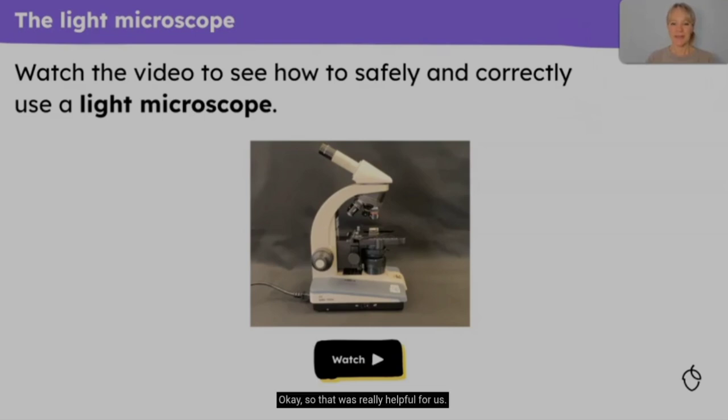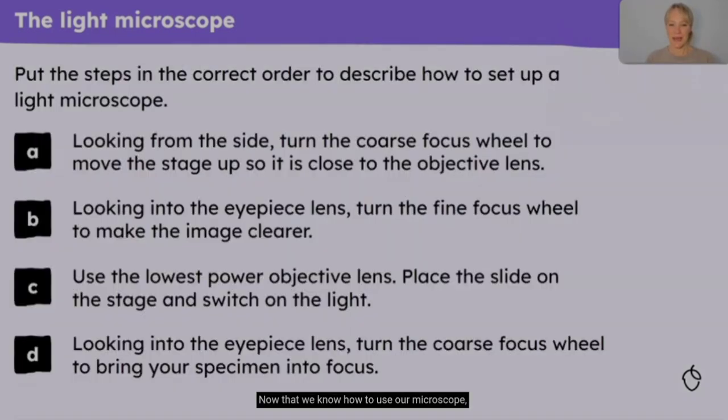Okay, that was really helpful for us now that we know how to use our microscope. Let's go on to another check. Put the steps in the correct order to describe how to set up a light microscope. A. Looking from the side, turn the coarse focus wheel to move the stage up so it is close to the objective lens.